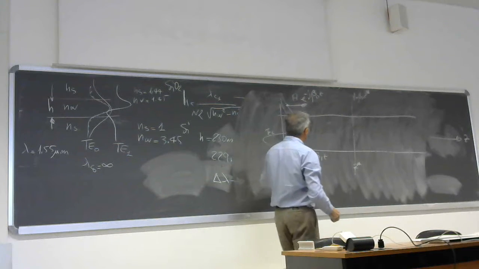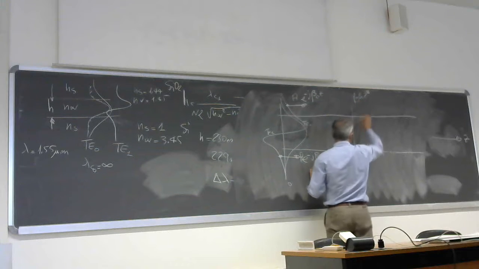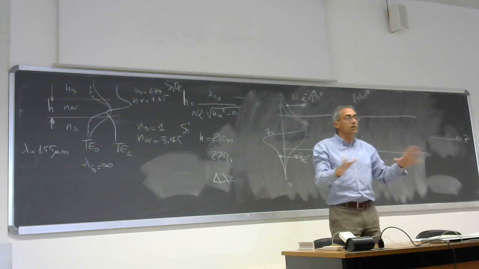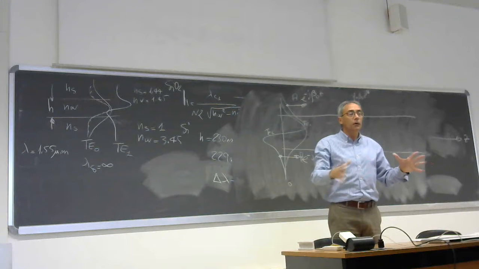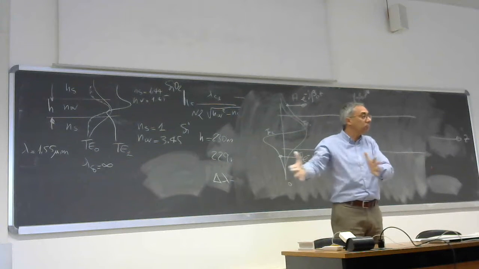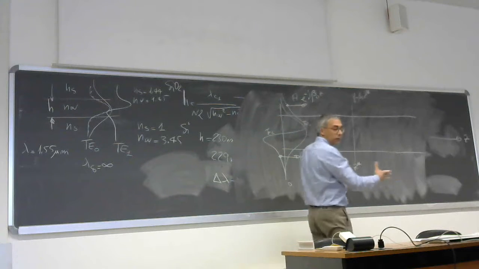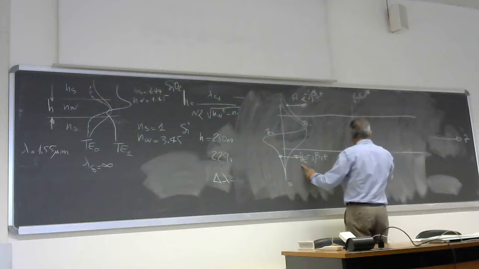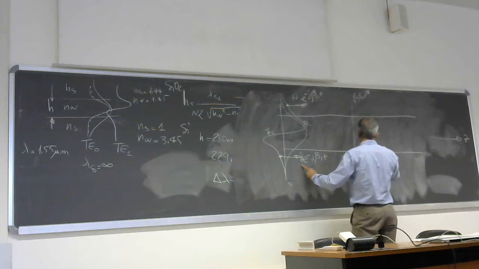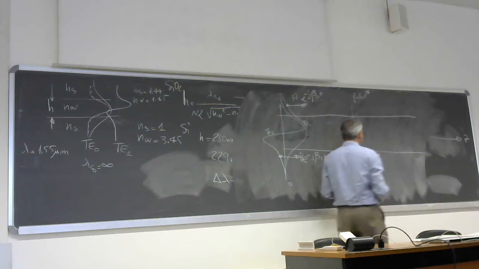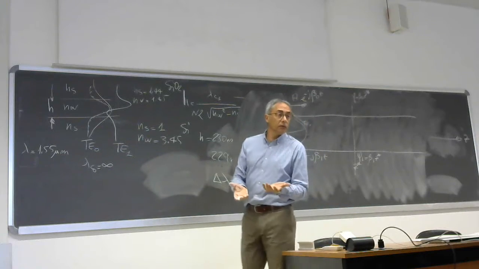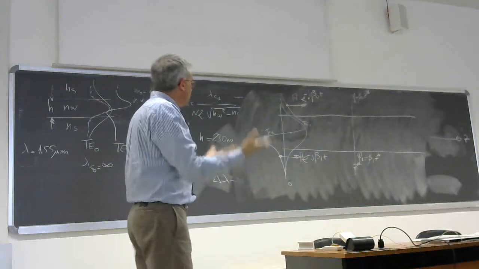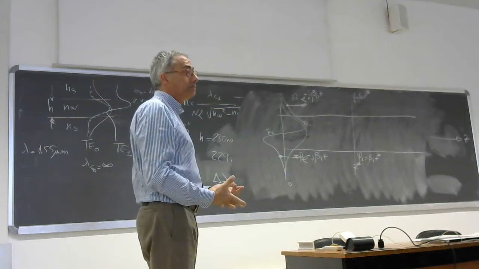This is phi 0. For the second mode, the amplitude is the same because there are no losses, it is a guided mode, so the amplitude does not change. But the phase of this mode, T1, is beta 1 zeta star. So it's different with respect to the previous one, because they travel at a different speed.